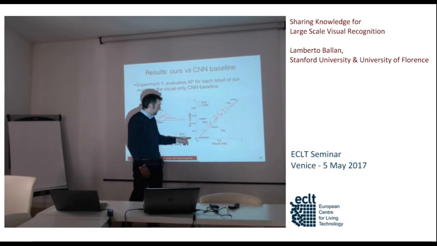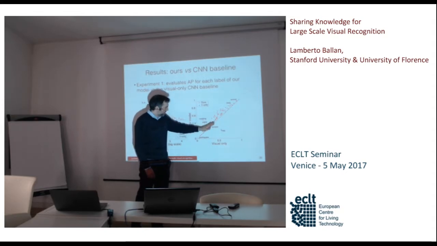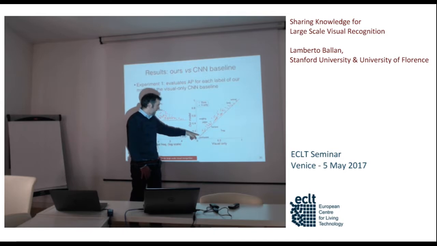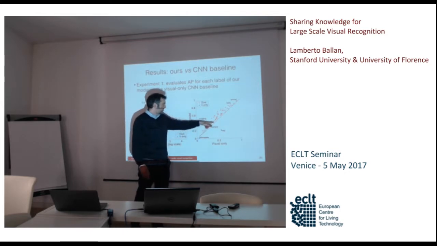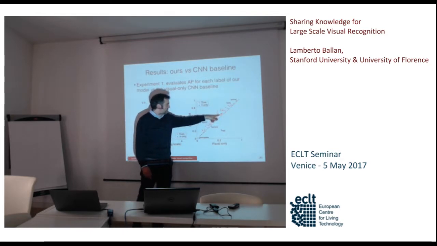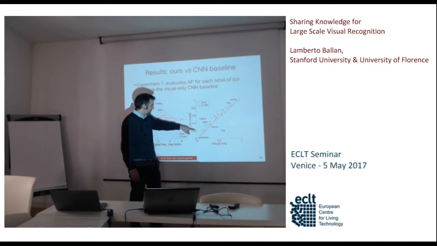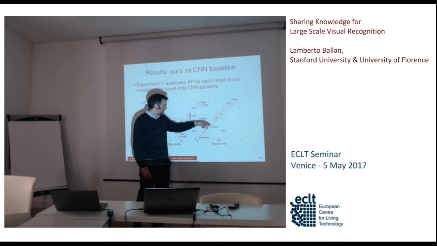The red points are the ones where our model works better, and the ones under this line are the labels where we are losing performance. There are many where we have more or less the same performance as the original model, but there are a lot of them where we have significant improvements.